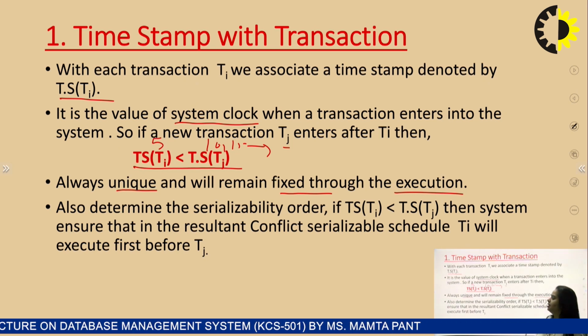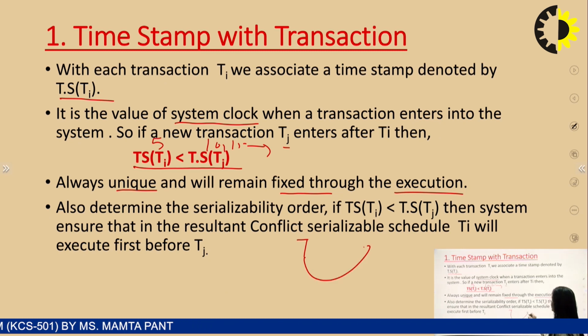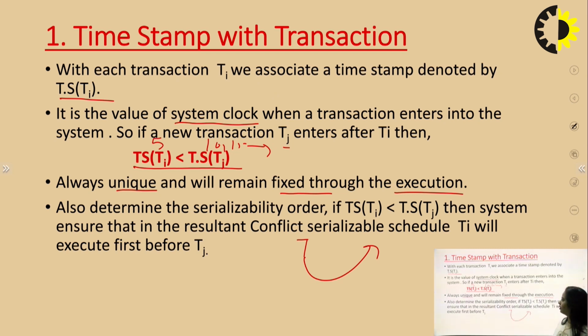In the same way, if a transaction wants a new timestamp, it needs to get out of the system and re-enter the system to get the new timestamp. So the timestamp remains fixed through the execution of the transaction.